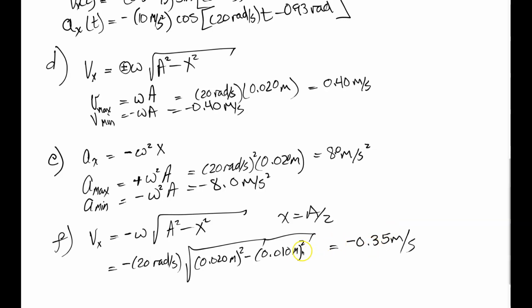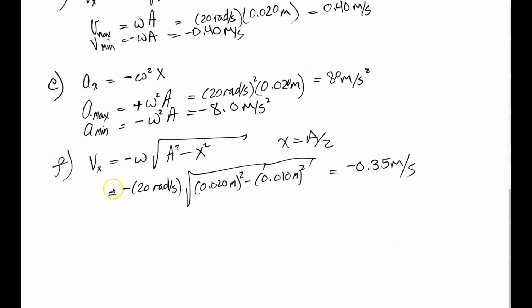We want the acceleration at that point, so we can say a sub x is negative omega squared times the value of x, not the amplitude, just the value at x.